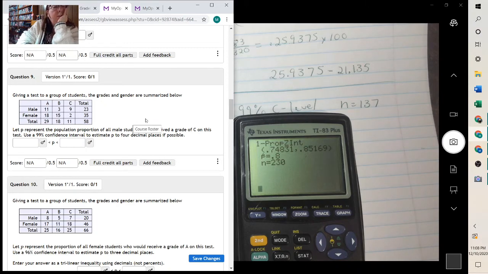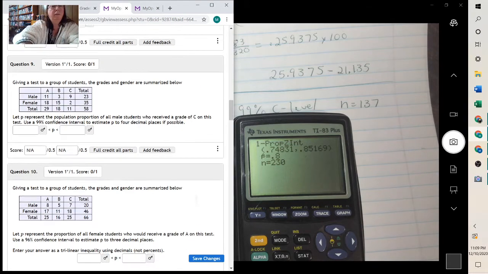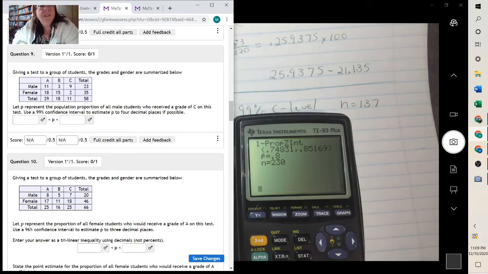If we look at number 9, giving a test to a group of students, the grades and gender are summarized below. Let P represent the population proportion of male students who received a grade of C on this test. Write a 99% confidence interval to estimate.